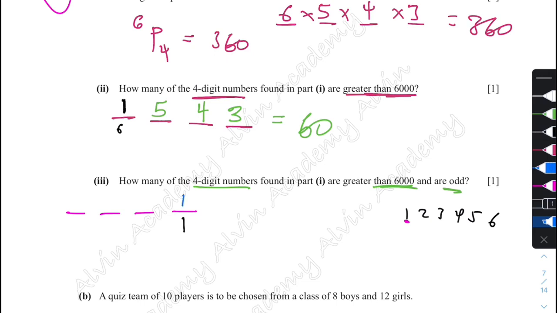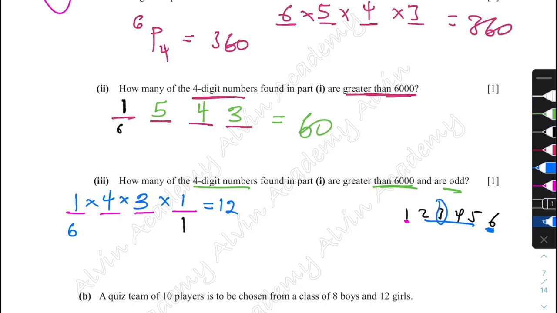It has to be greater than 6,000, so it also has to start with 6, and there's only one way to do that. Now we've chosen 2 numbers, so we are left with 4. Any of those 4 could fill here, any of the remaining 3 could fill the other. If we multiply them out, our answer is 12. How about if it is odd and ending with 3?